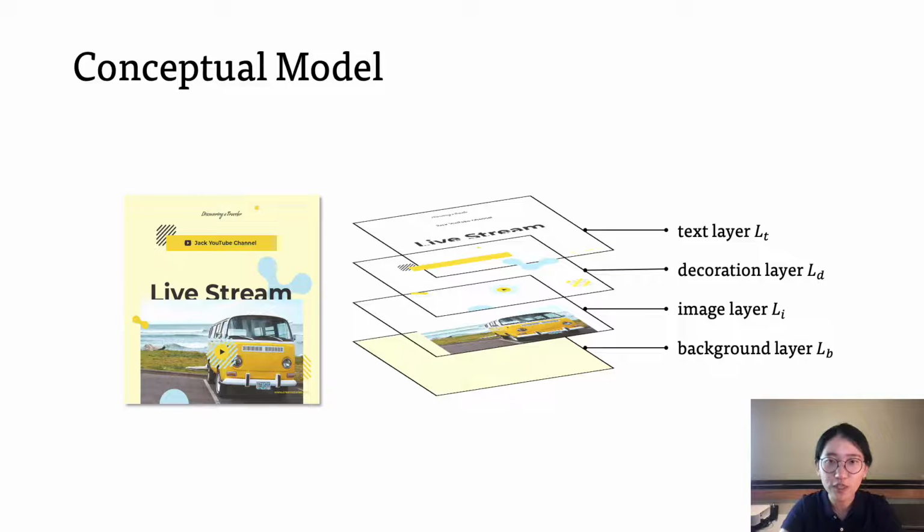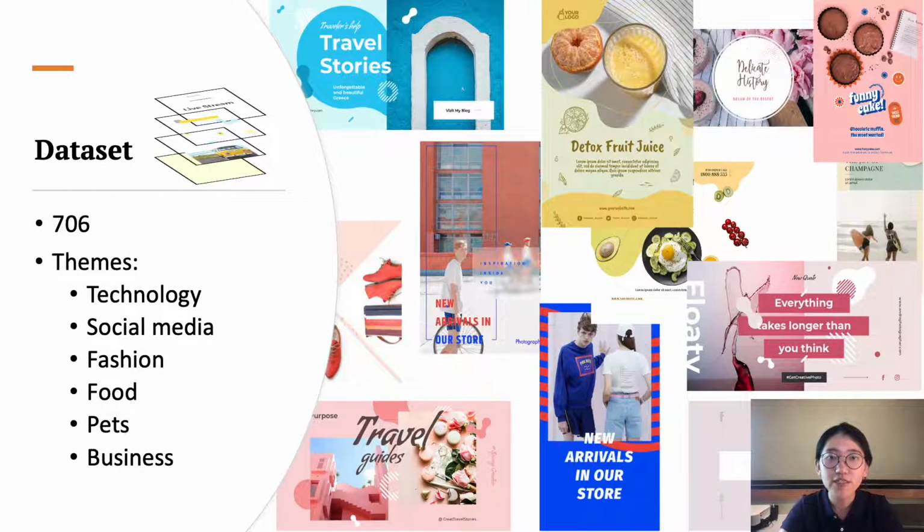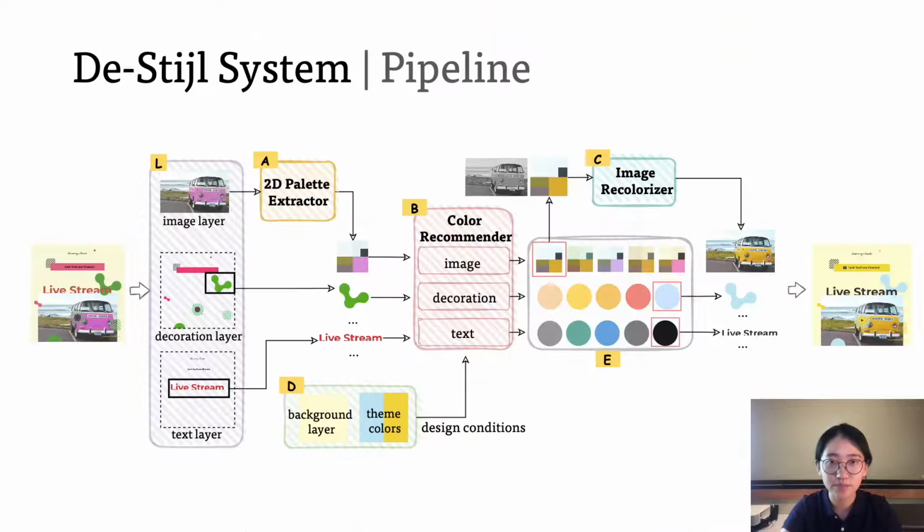Hence, we curate our own dataset of modeling graphics based on the proposed semantic layered structure. We collected 706 design templates in the PSD format from various creativity support platforms covering the themes of technology, social media, fashion, food, pets, and business.